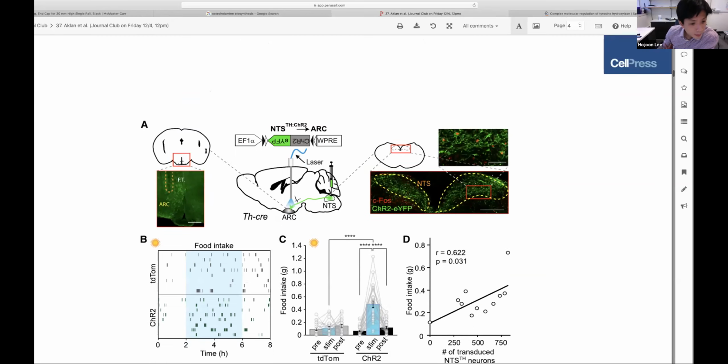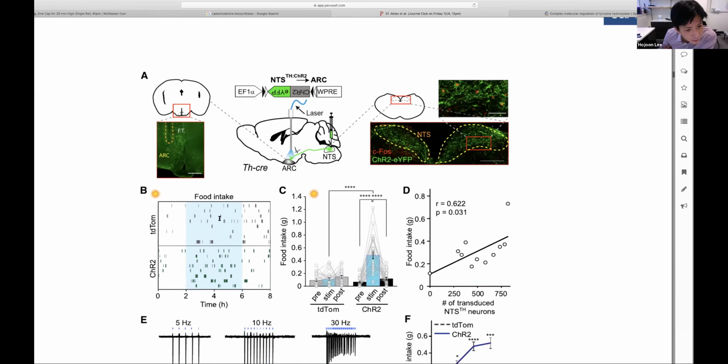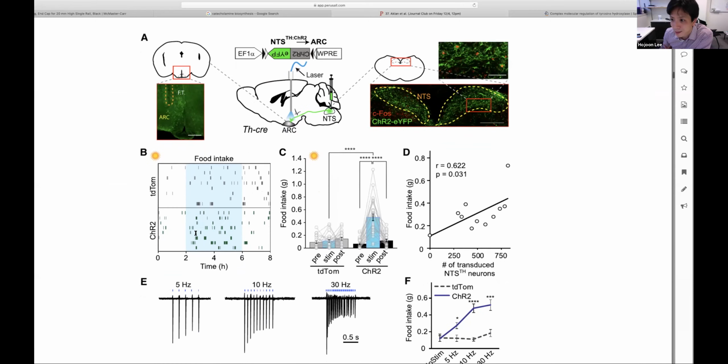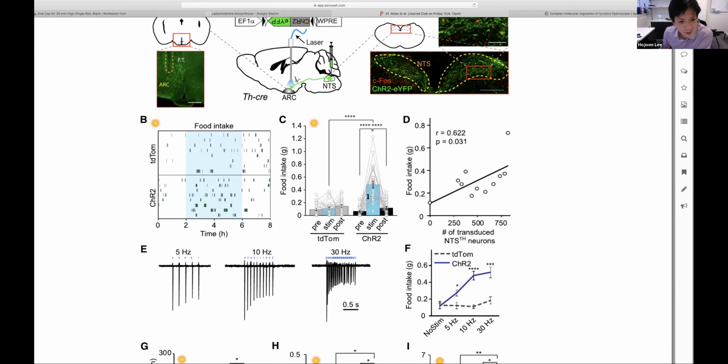But is it striking enough? Is it obvious enough? In a 2-hour period, you're shining light. Let's just assume you look at the ChR2 mice. If you take them together and compare the control versus the ChR2 group, then you do see a significant increase during the stimulus.